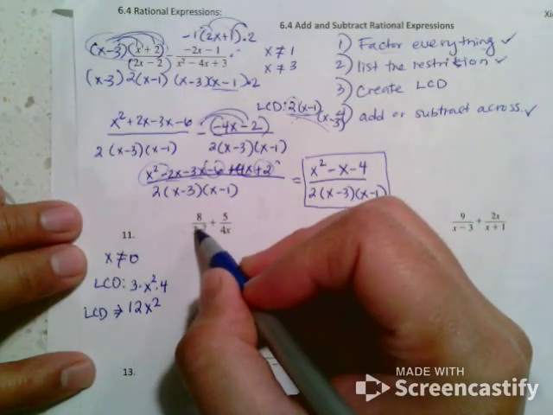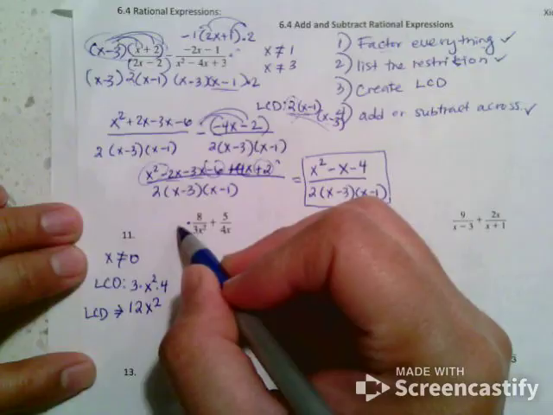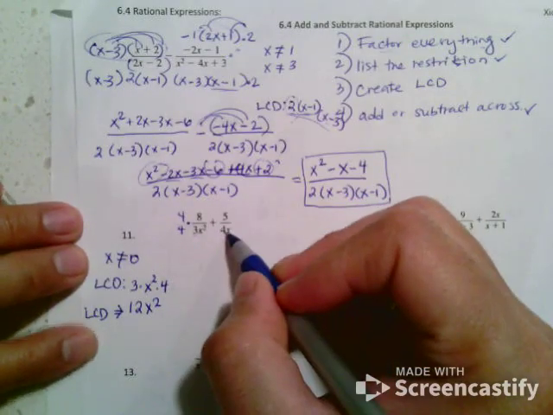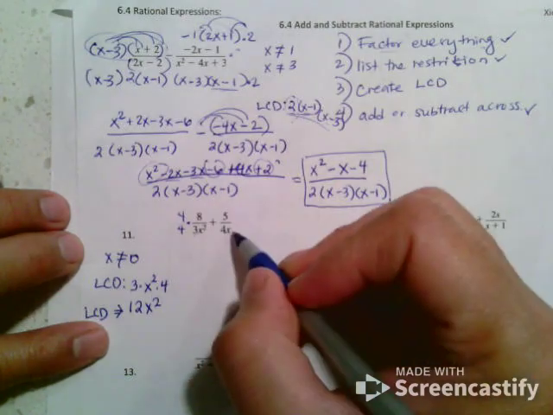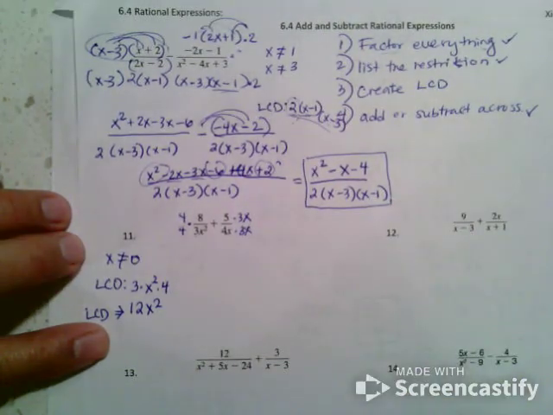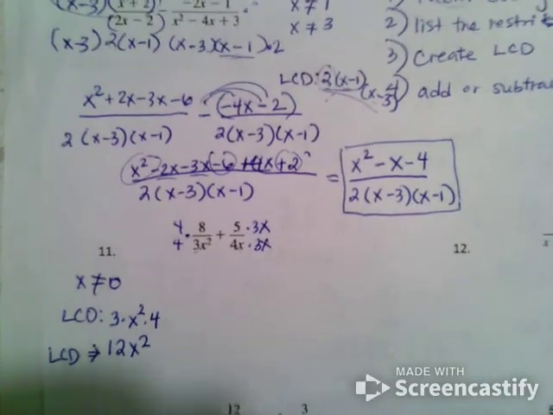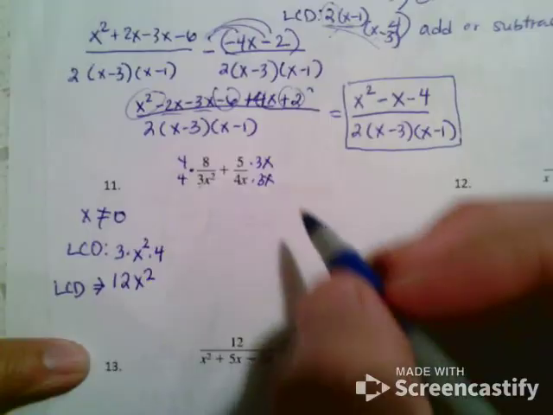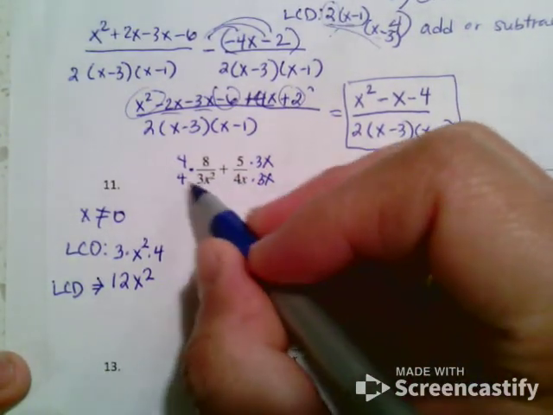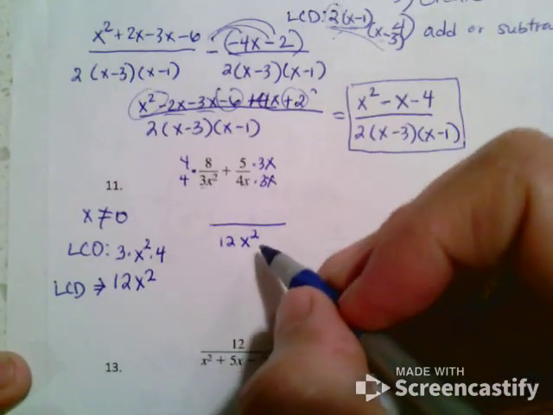So this one is missing the 4, so we're going to multiply it by 4. This one has a 4x, so it's missing a 3x. So then we could keep the LCD 4 times 3, x squared.